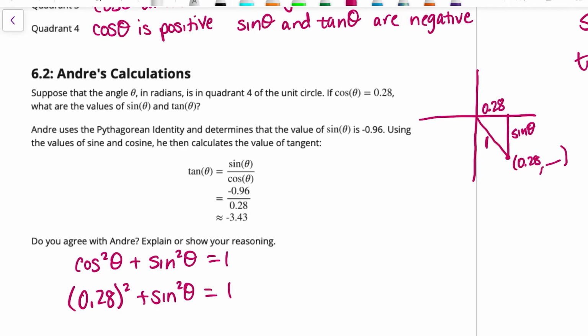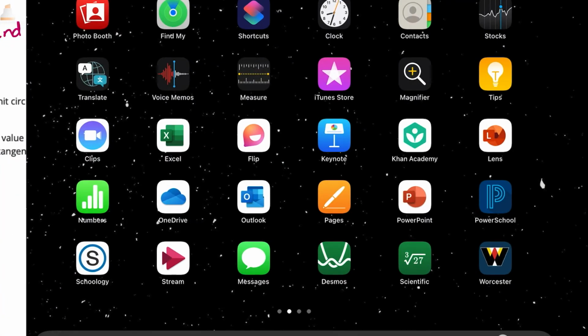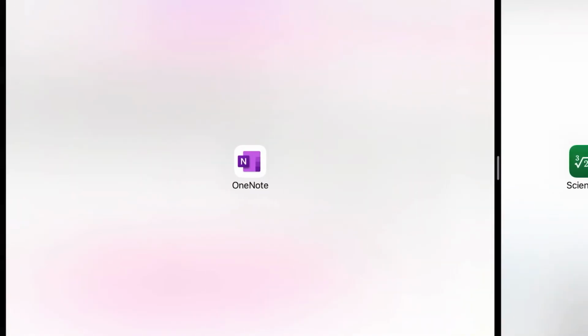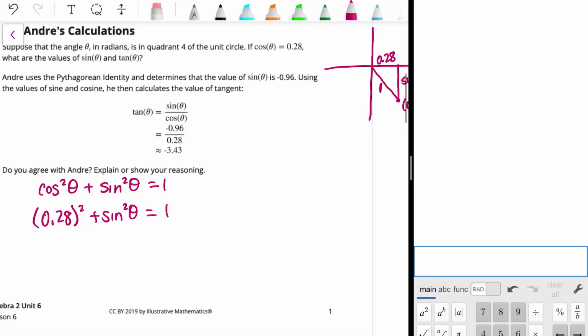All right, so we're going to break out a calculator because sometimes doing those decimals in our heads can be a little challenging. What just happened here? Oh, it changed. I thought I tapped on it, but it changed on me. All right, so I'm going to do 0.28. Oh, didn't catch my decimal point. There we go. Squared.